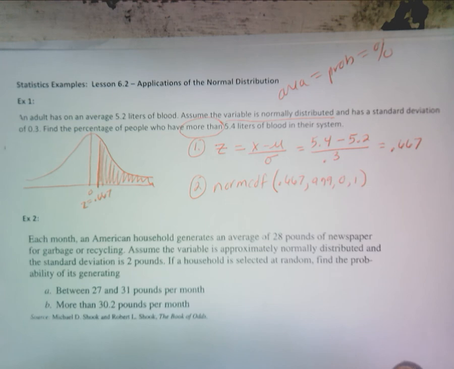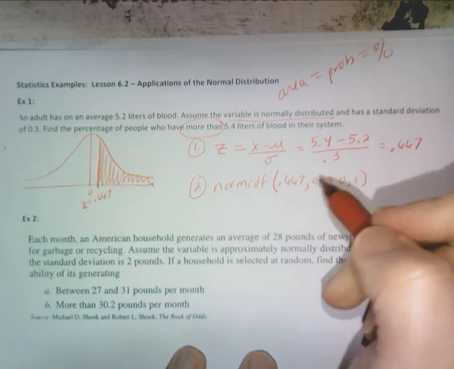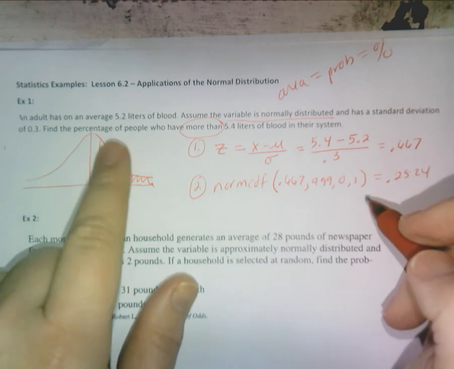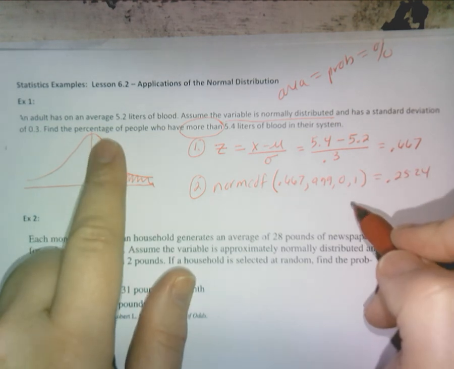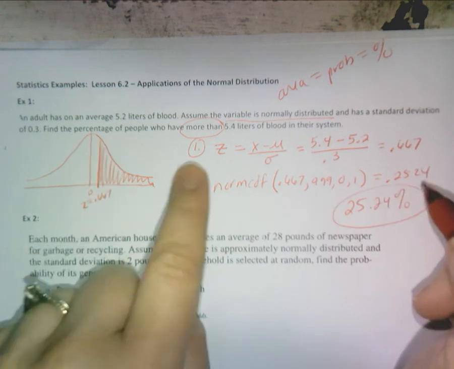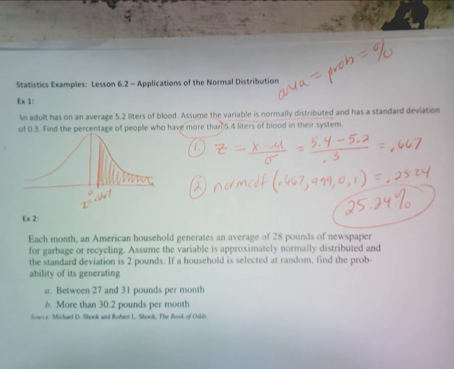I got 0.2524. Would you agree? 0.2524, or that is equivalent to what percentage of people? 25.24% of people have more than 5.4 liters of blood inside of their body, according to that.